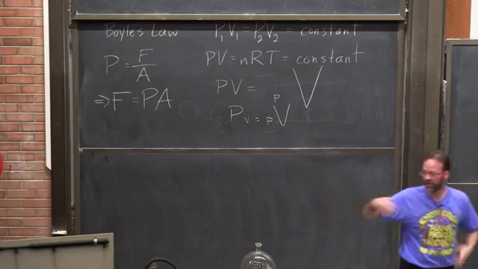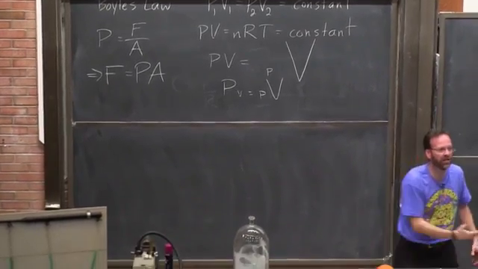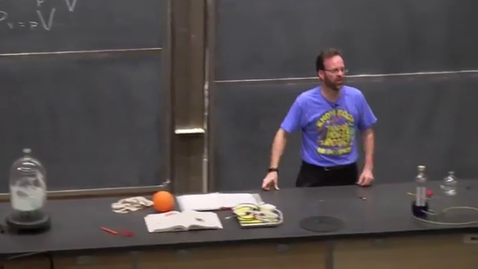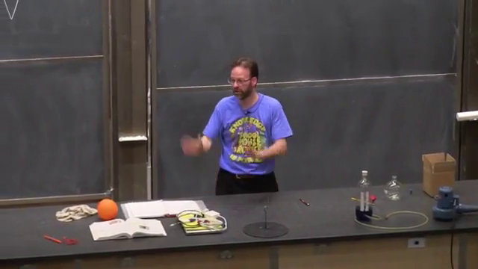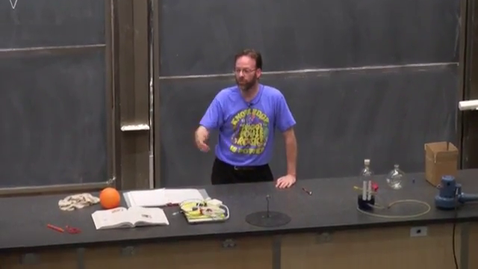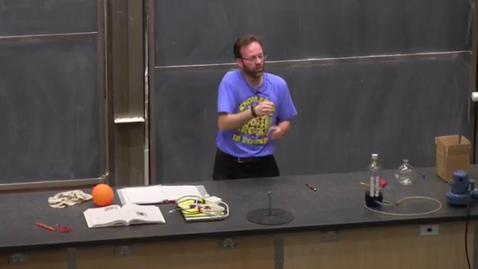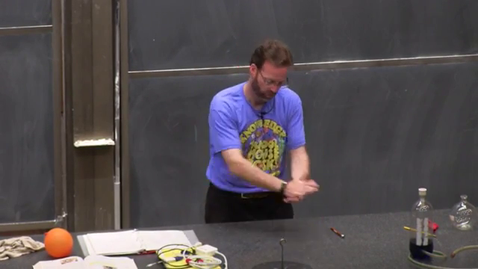Your area, acting over every square inch of your body. There's a difference of 3 pounds per square inch. And you have a lot of surface area. No offense. So it's enough force that it's hard to stand up. It's hard to move your arms around. So we just vacuum packed it. You can crush things that way. Do it with a pop can. Empty pop can. Works like a charm.